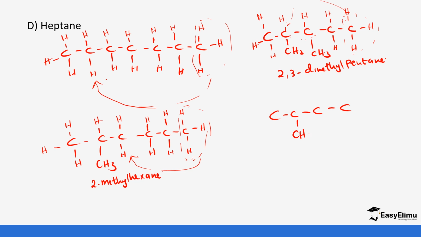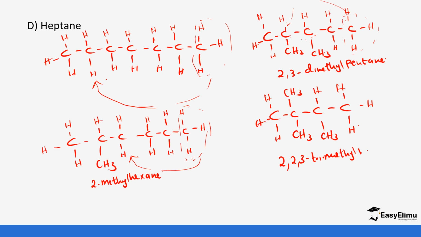So there's a CH3 here, another CH3 here, and a CH3 here. So this will be 2,2,3-trimethylbutane.